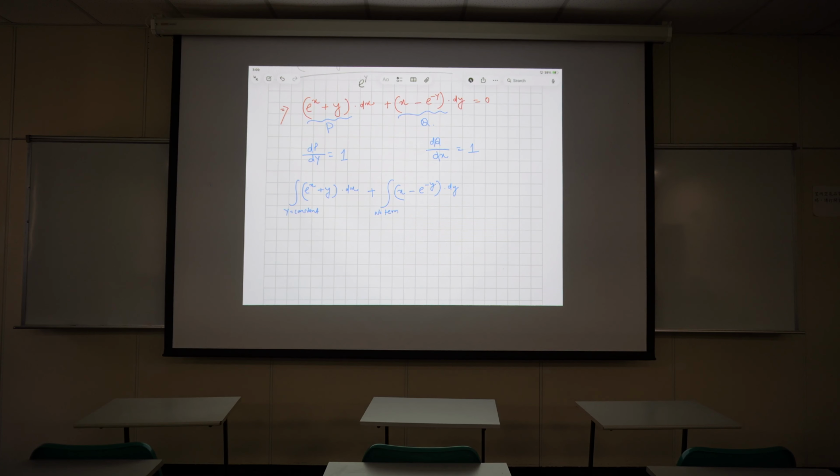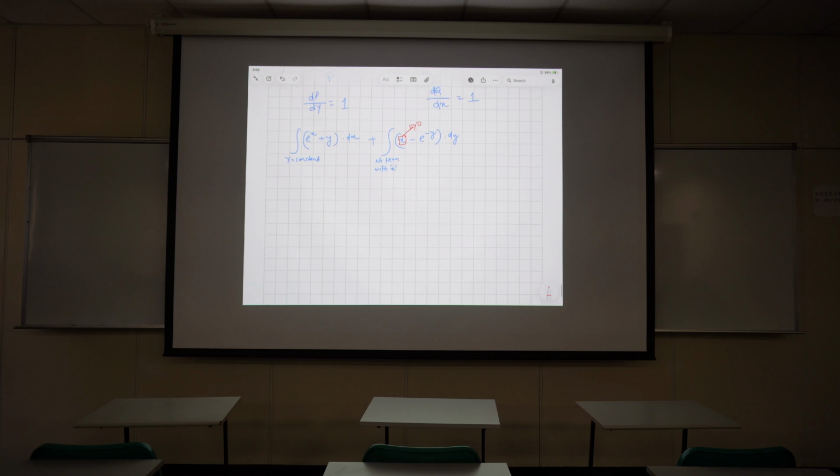There is no term with x, that means this term becomes 0. So it is equal to c. So if I integrate this one, y is a constant.